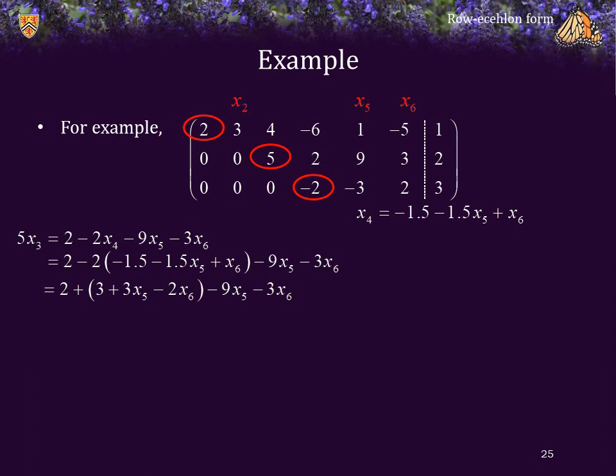Well, 2 plus 3 is equal to 5. 3x5 minus 5x5 is -6x5, and -2x6 minus 3x6 is equal to -5x6. Easy enough. Now we can divide both sides by 5 to get that x3 is equal to 1 minus 1.2x5, whatever value x5 takes, that is, minus x6.